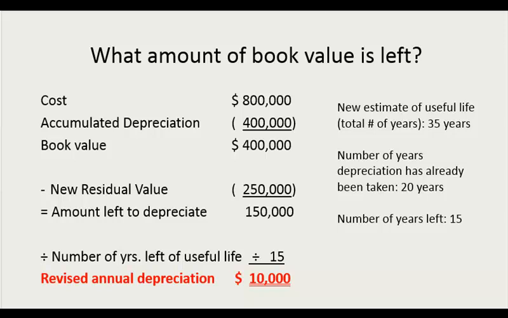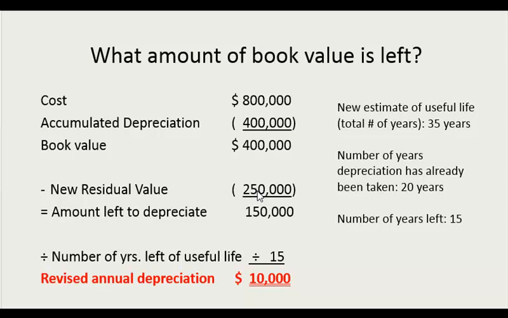So we have $400,000 remaining in book value, and that's the most that we could depreciate in the future. But we want to take into account our new residual value of $250,000.